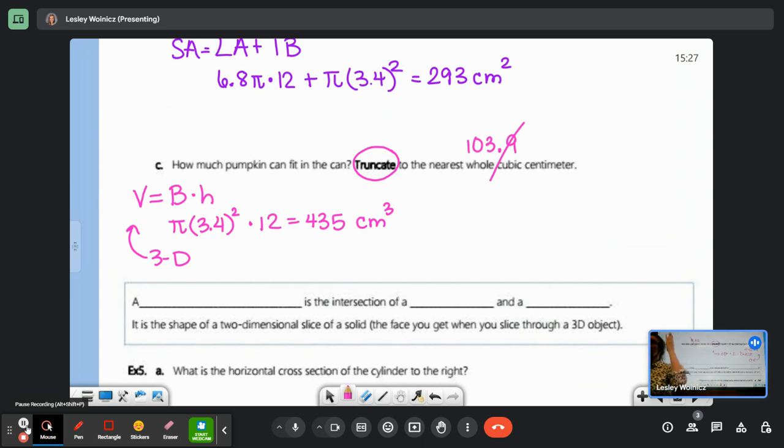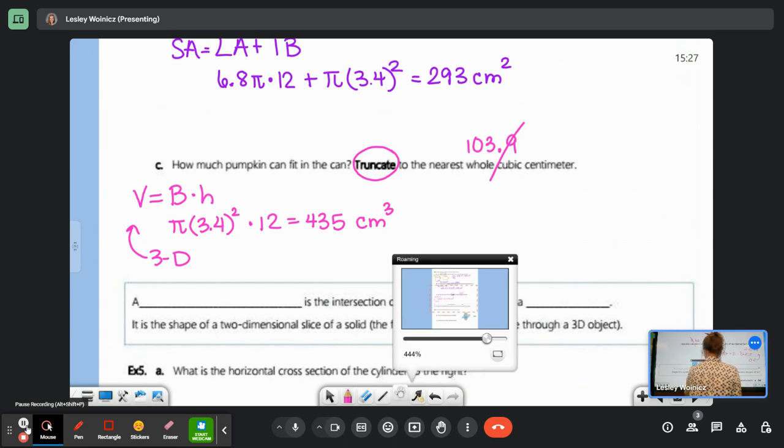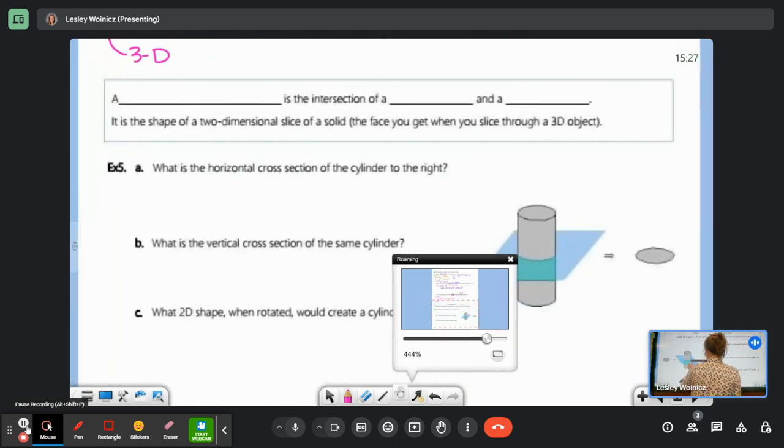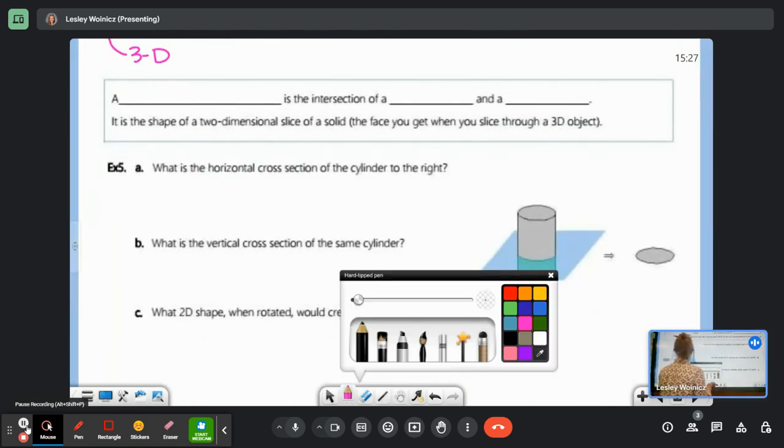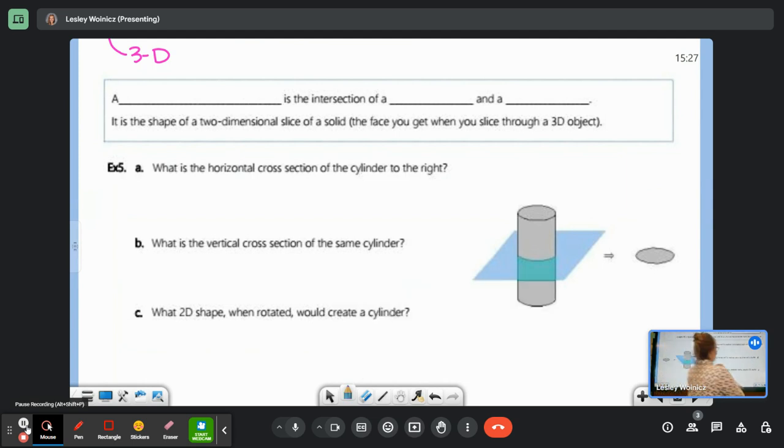Okay, we've already done slicing. Remember how we cut the cheese yesterday? Cut the cheese. All right, so we've already done this, but now we're gonna actually give it a name.